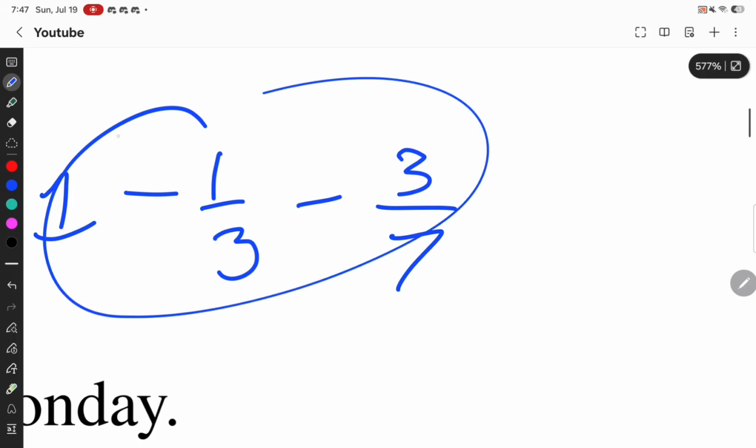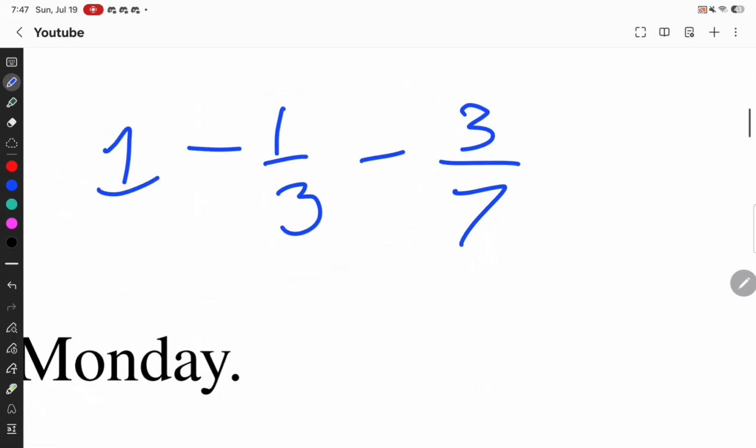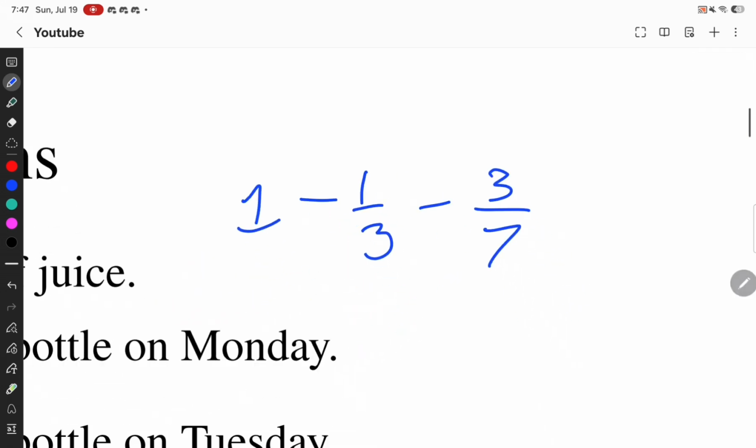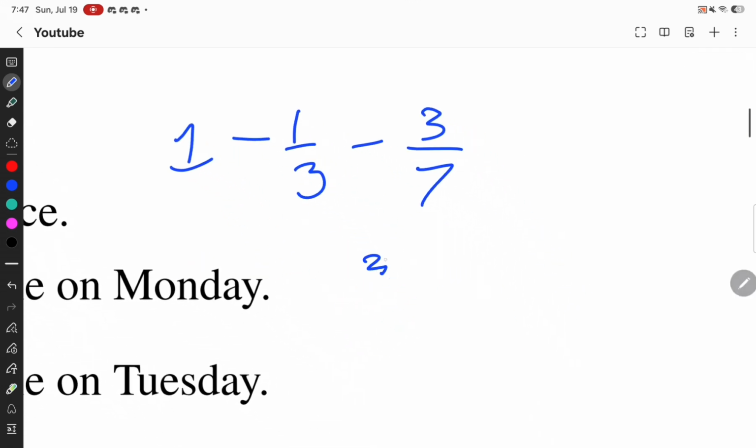Okay, let's see. This is 1 minus 1/3 minus 3/7. You can do BODMAS, left to right. So 1 minus 1/3, we get 2/3 minus 3/7. You can just do 3/3 minus 1/3. Make the denominator the same, and we can find it.